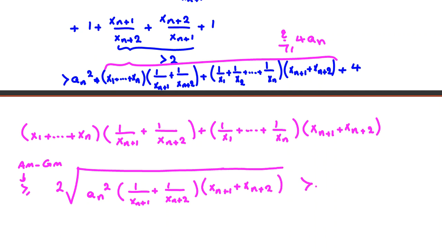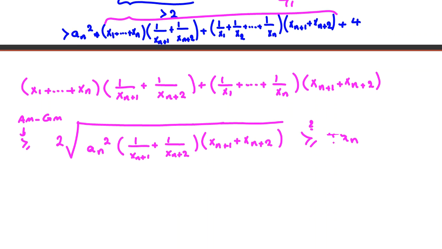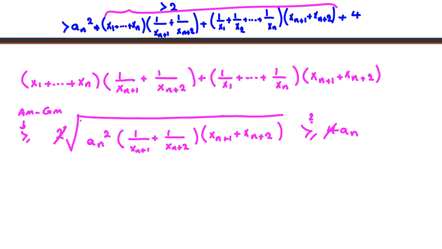Now, if we prove that it is greater than or equal to 4A_n, the problem will be solved. I divide 4 by these 2, it will be 2. I divide A_n inside the square root, A_n squared, A_n is positive. So I should prove this square root of (1/x_{n+1} + 1/x_{n+2})(x_{n+1} + x_{n+2}) is at least 2.